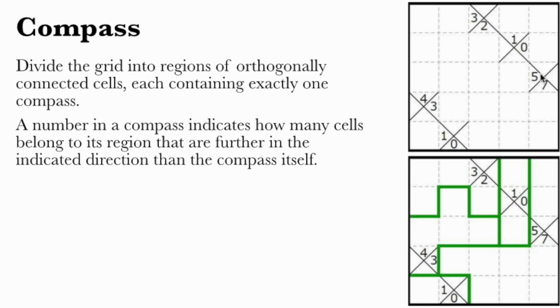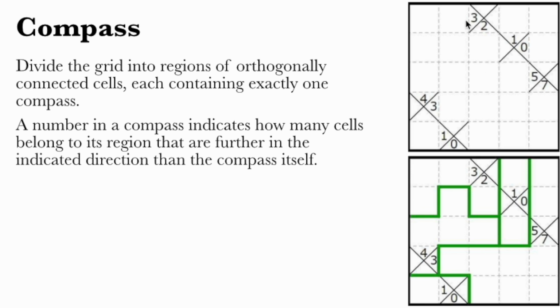This 5-7 compass, for example, tells us that there are 7 cells south of the compass in this region. 1, 2, 3, 4, 5, 6, 7. And 5 to the west of it. So that is these 5. 1, 2, 3, 4, 5.